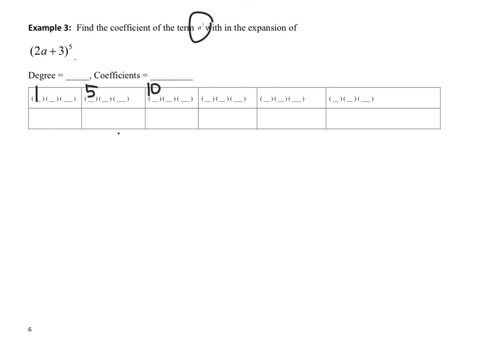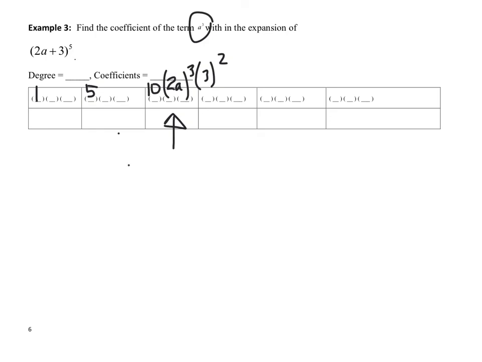So this is going to be 2a to power 3. And what else? This is the one I need to work out. And the next one is going to be 3 to what power? This is 0, 1, 2. So that's all I need to do.